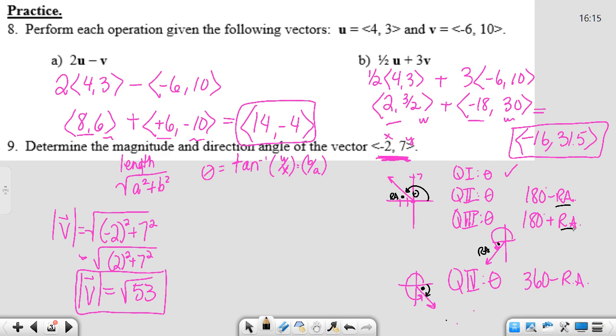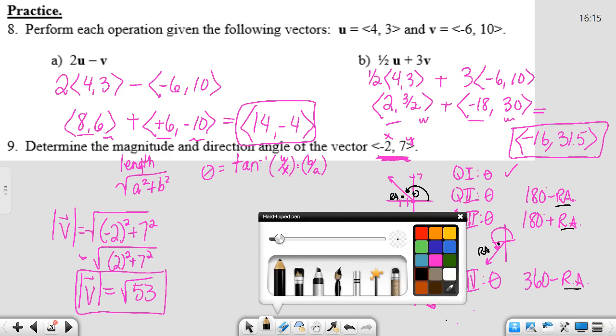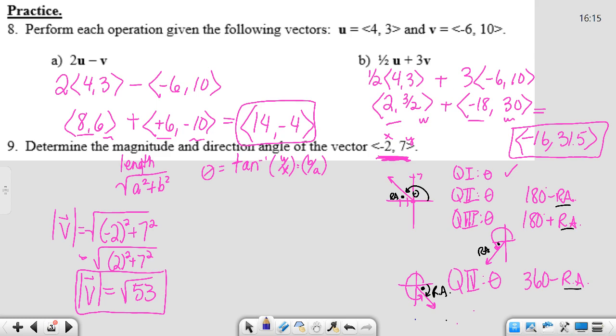And I've put each of those reference angles in that little black color so you can differentiate between the two. And this is stuff that we've been doing, golly, way back in the day, Unit 4, or whatever number it was, back in the fall. All right, so back to our example. So we have the vector negative 2, 7, which I've sketched. So I went negative 2, left 2, and up 7 to create my vector, and then I can drop that perpendicular to create a right triangle.